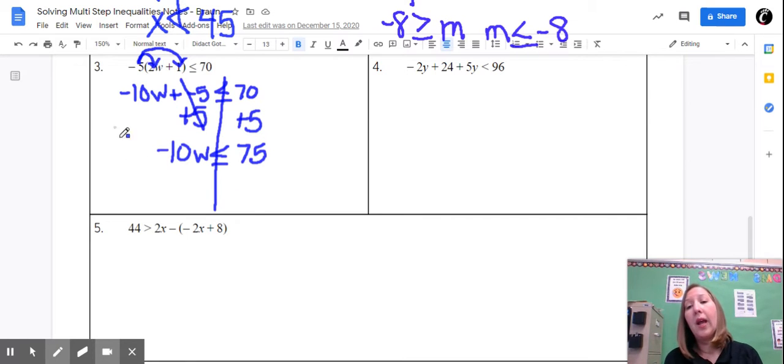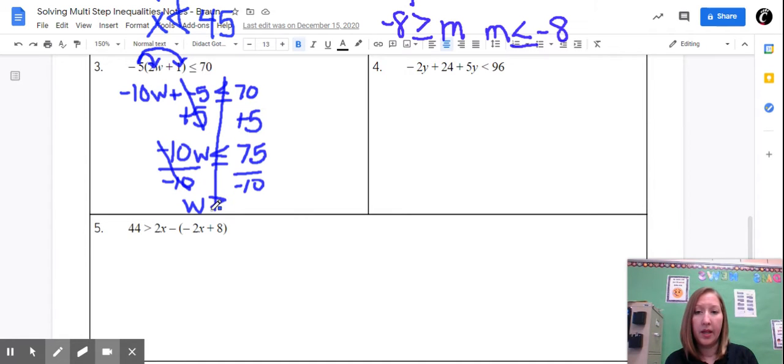All right, so now I need to get rid of this negative 10, and since it's negative 10w, that's negative 10 times w, so I'm going to divide both sides by negative 10. All right, my negative 10s cancel out and leave me with just w. Remember, since I'm dividing by a negative number, I need to flip my inequality symbol. And then 75 divided by negative 10 is going to leave me with negative 7.5.